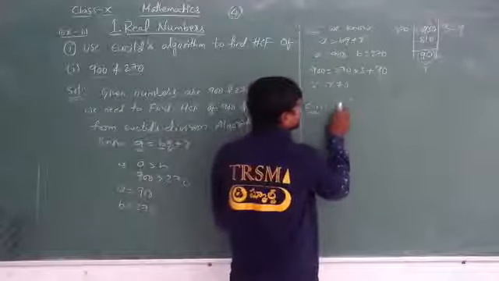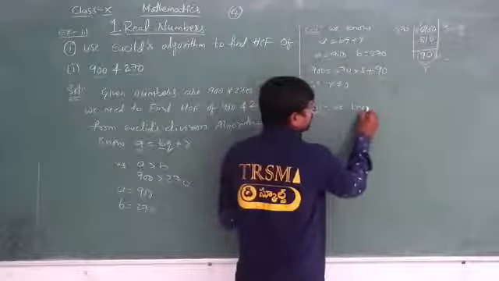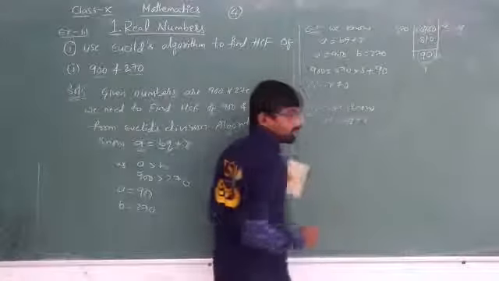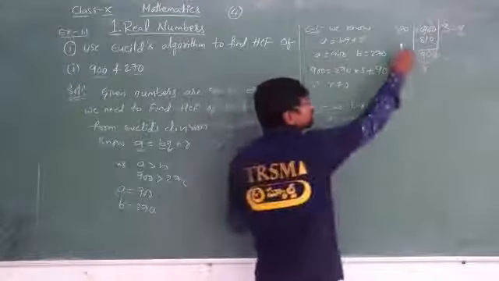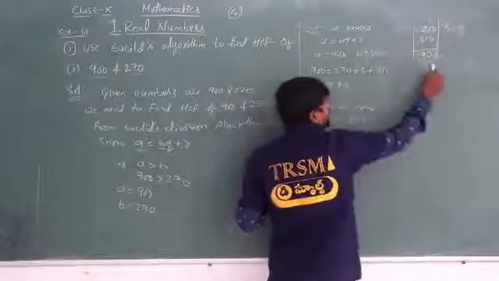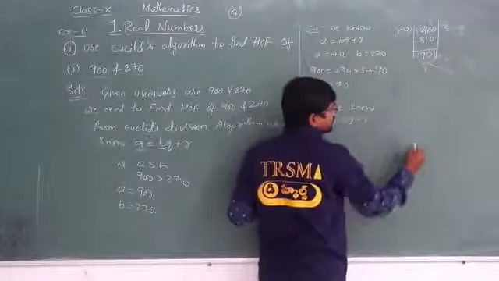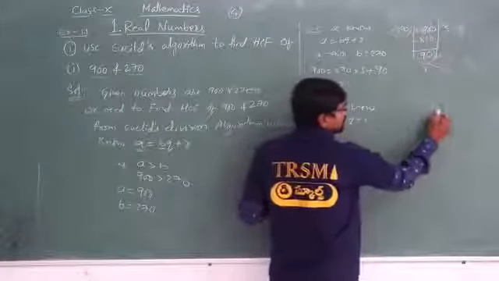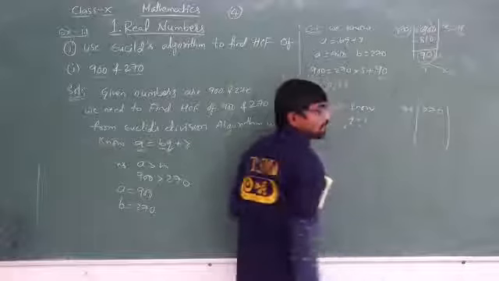So we know A is equal to BQ plus R. In the next case, this will become A and this will become B, isn't it? So I have to divide 270 by this remainder, 270 divided by 90.